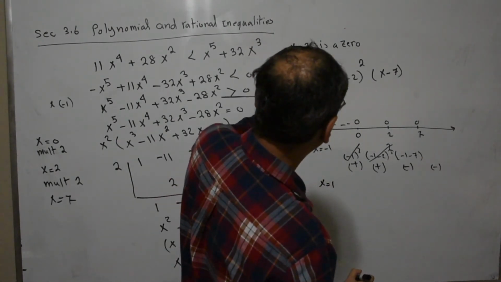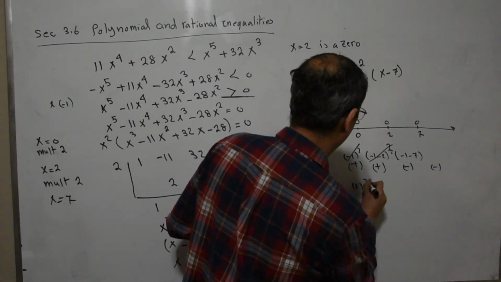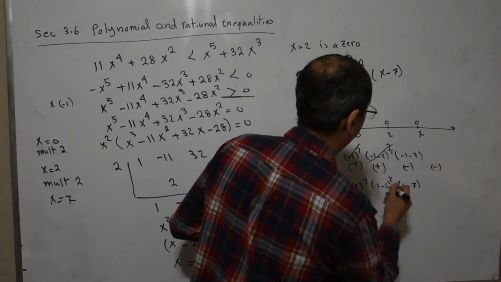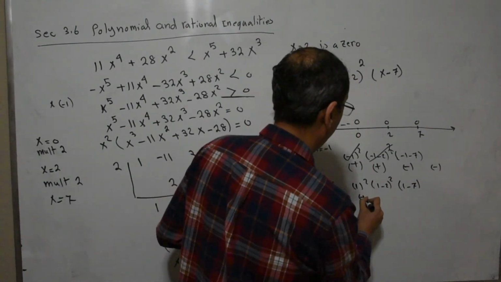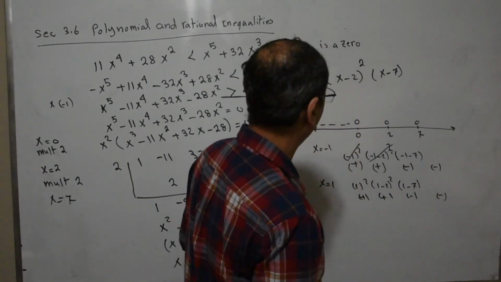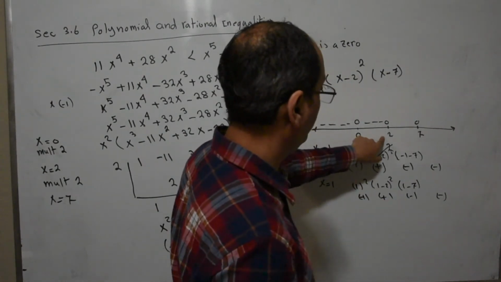Again, I don't worry about the squared factors; they must be positive. So here's 1 squared, 1 minus 2 squared, and 1 minus 7. So positive, positive, and negative. Again I got negative, so the interval between 0 and 2 is negative.